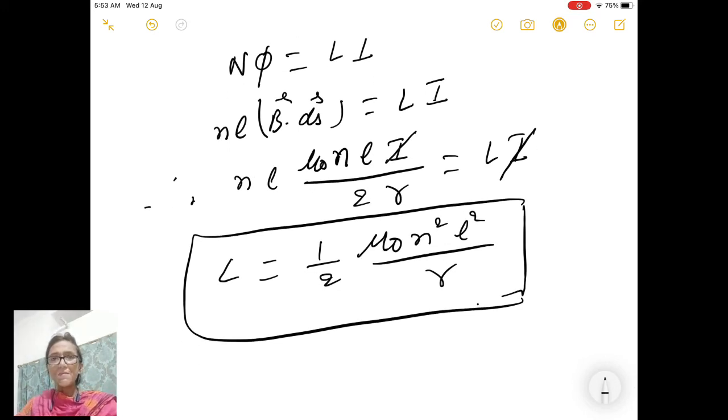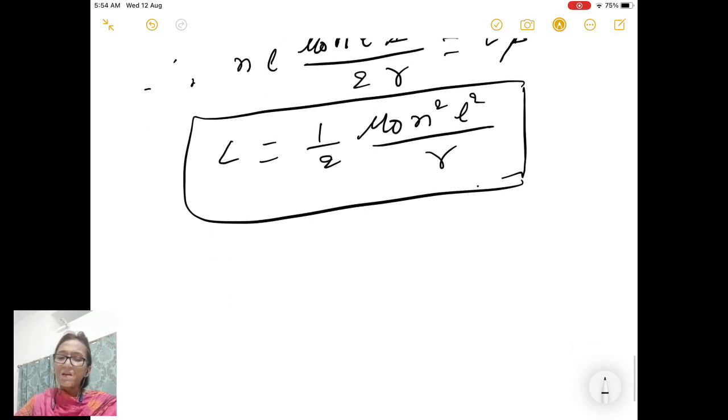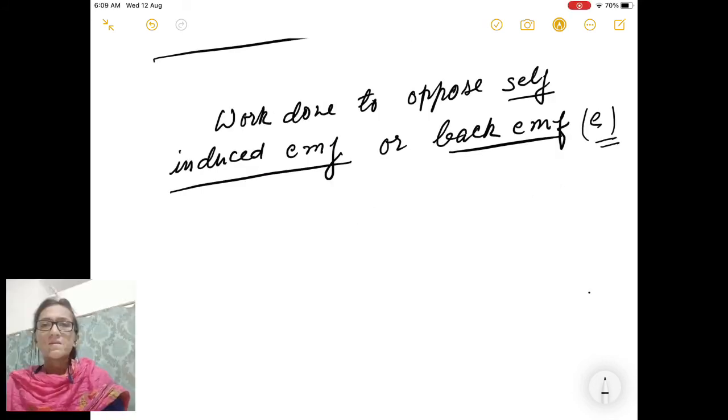So by the same method you can find the self-inductance of so many other current carrying shapes. Now, what is self-inductance? Some work needs to be done against this induced EMF, the back EMF, so that current can be established in the coil.